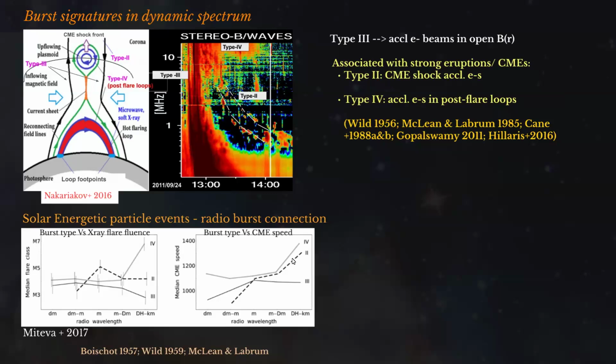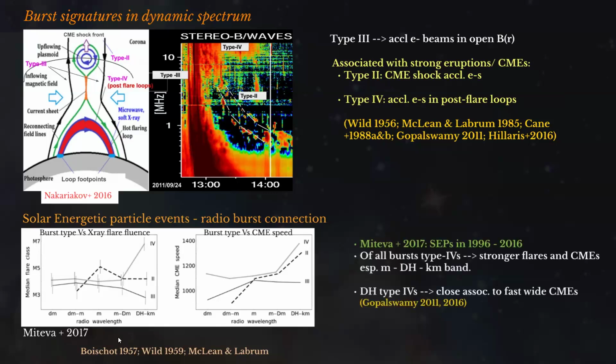And you can see that the type 4s are systematically associated with the fastest CMEs and the strongest flare types. So these are very important bursts which are associated with some of the strongest SEPs, the strongest CMEs and the strongest flares, and especially in the decameter-hectometer band. And that band in frequency range is 1 to 20 megahertz.